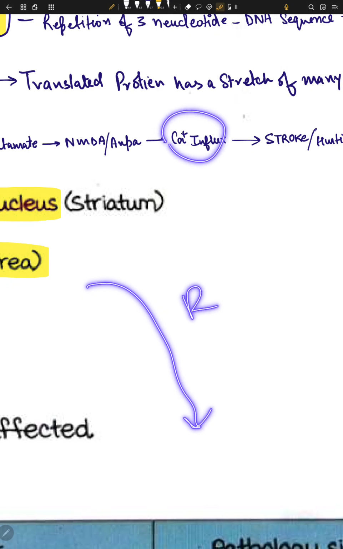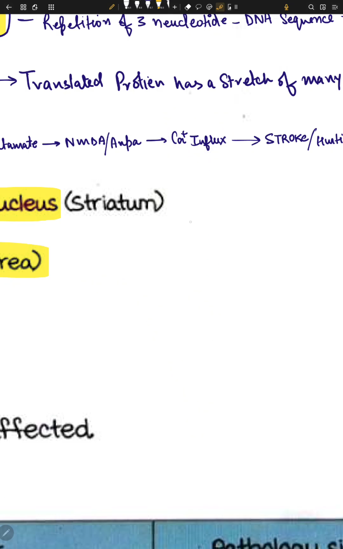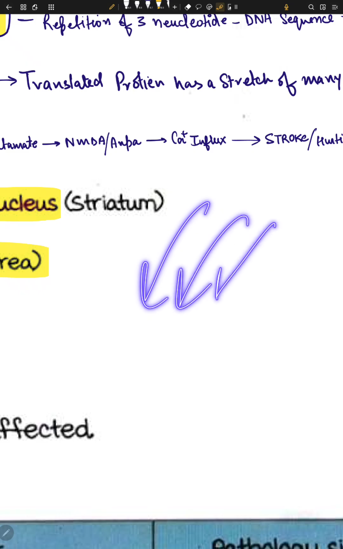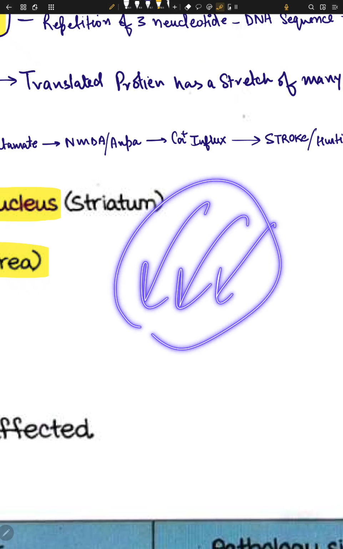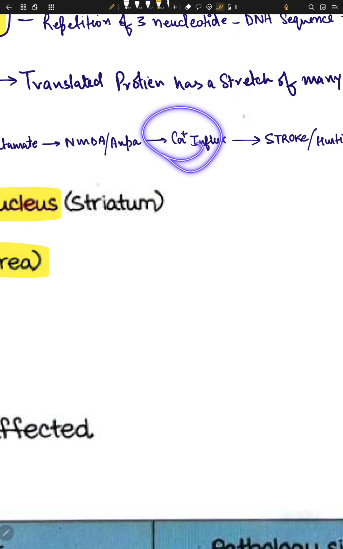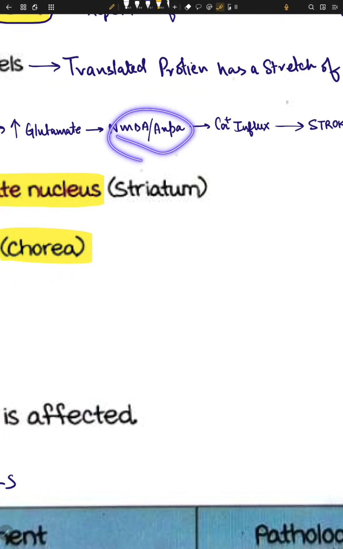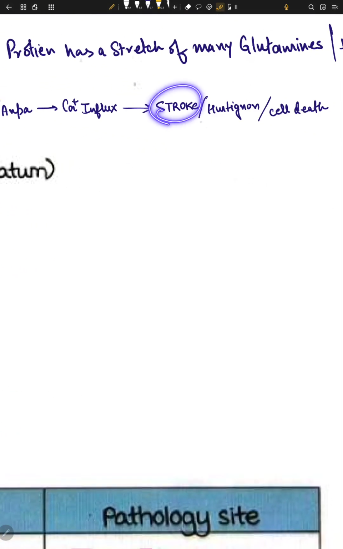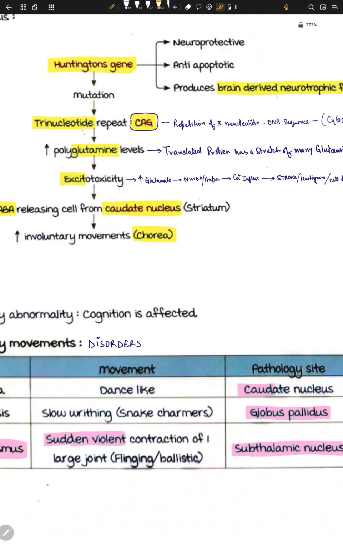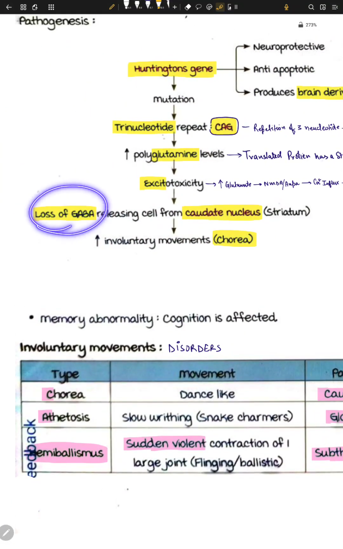Calcium is like a signaling molecule. If you have a lot of calcium inside your cell, it's a signal to a lot of cells that something is wrong. So a lot of calcium influx via NMDA or AMPA receptors, and then you have stroke or Huntington or cell death.